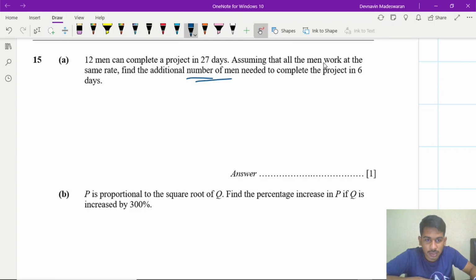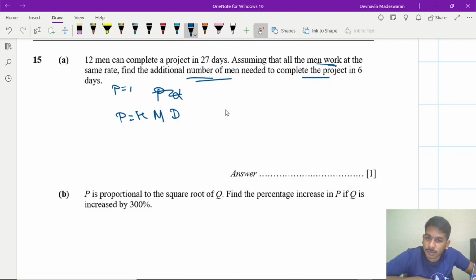Assuming the men work at the same rate to complete the project, the number of projects is equal to 1 always. So the project is directly proportional: the project is equal to k times the number of men times the number of days. The greater the number of days, the greater the number of projects you can do.